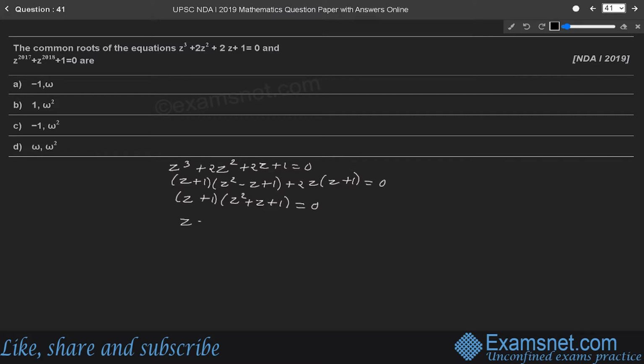Therefore we can say that z is equal to minus 1 and omega, omega square. Clearly omega and omega square will satisfy the equation z to the power 2017 plus z to the power 2018 plus 1 is equal to 0. So the correct option for this question is option number D. These are the roots of the equation and the roots are common for both the equations.